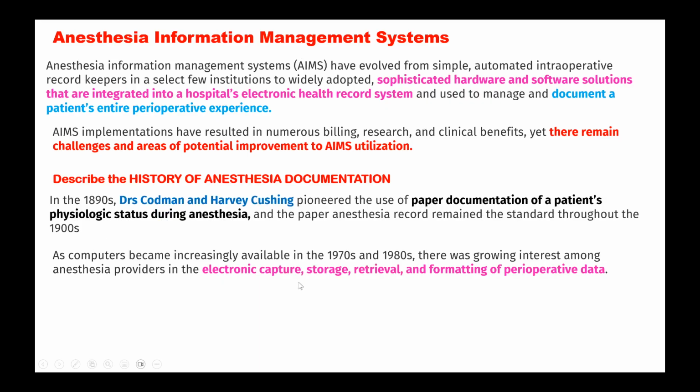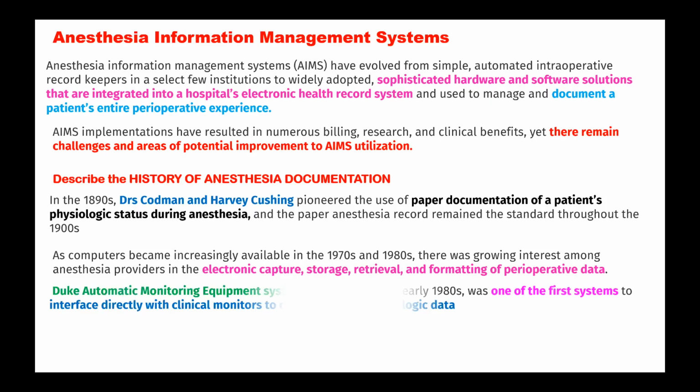But the electronic component came once computers started coming into daily usage. Then people started using electronic devices to capture, store, retrieve, and format perioperative data. That happened in the 70s and 80s when computers came into regular use.